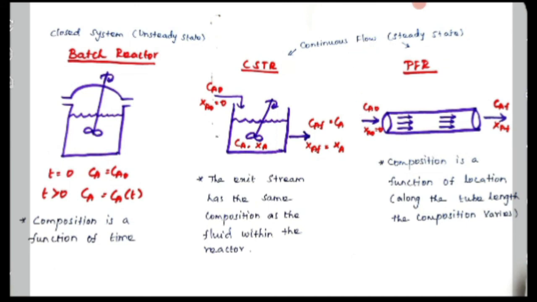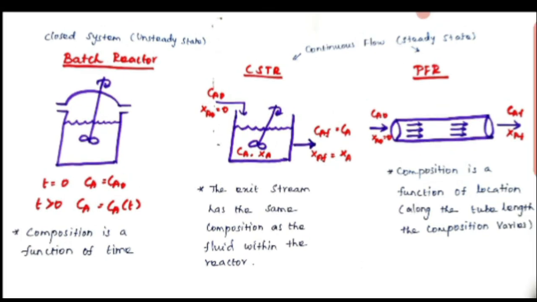Then in CSTR you have a condition that exit stream has the same composition as the fluid within the reactor. Whereas in batch reactor, your composition is changing with respect to time. In PFR your composition is a function of location, that is along the tube length your composition is varying.